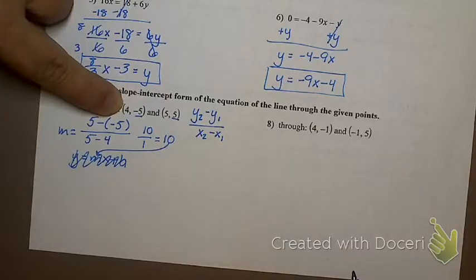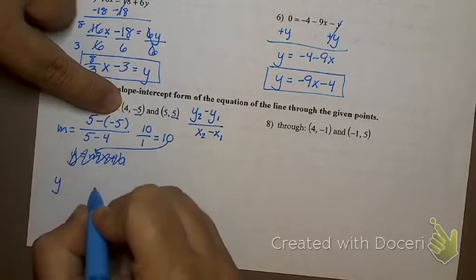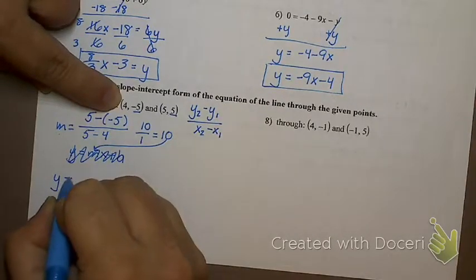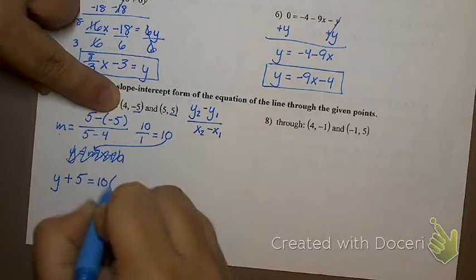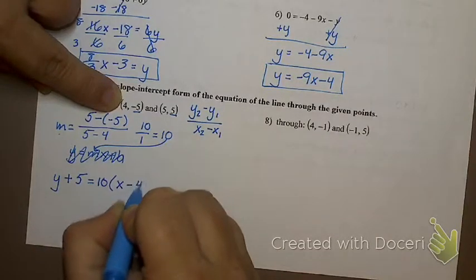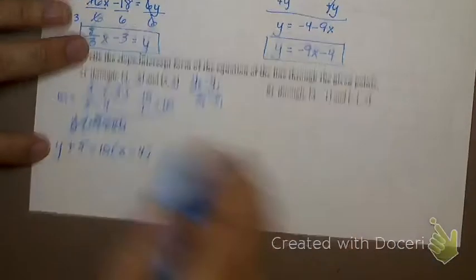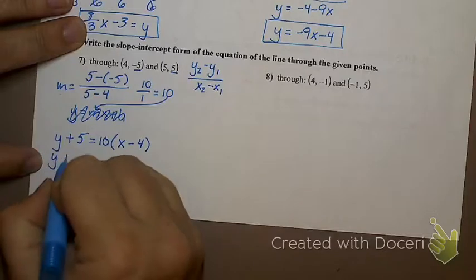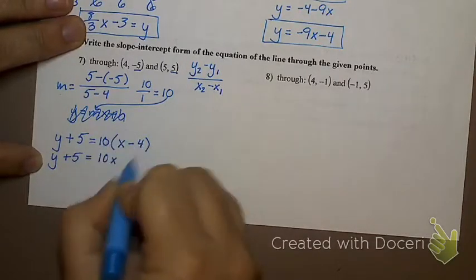So if I took this point and wanted to write it not in y equals mx plus b, but in point slope form, I would say y what? Plus 5 equals 10 parentheses x what? And I should be able to go from here to y equals mx plus b in about 2 steps. So y plus 5 equals 10x minus 40.